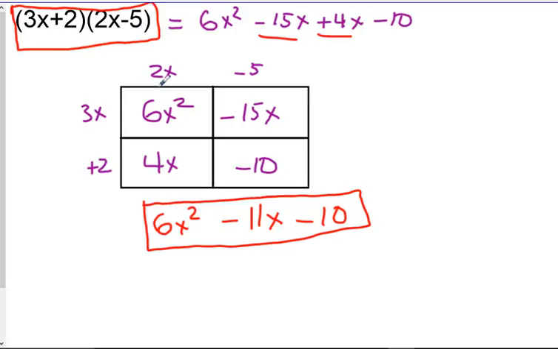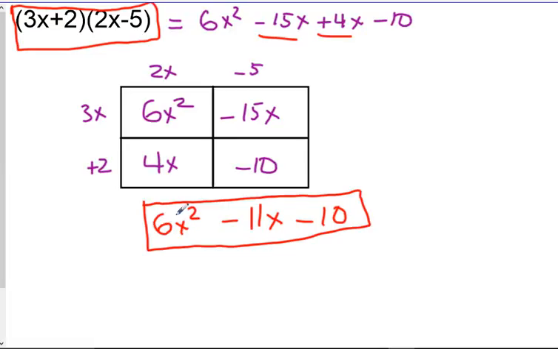Well, what we really want to do today is to go backwards from this, to start with this trinomial and to figure out the two factors, 3x plus 2 and 2x minus 5, that would multiply together to give us this.